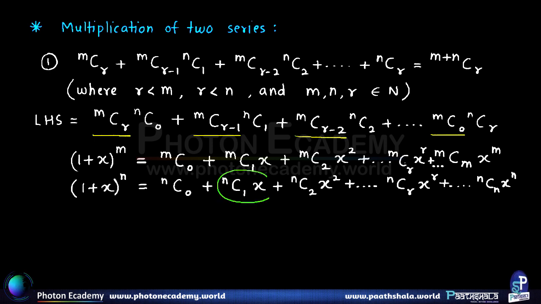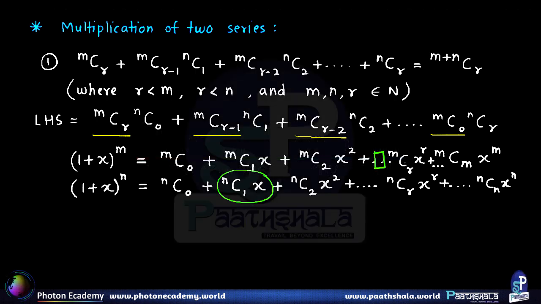So NC1 term is here and MCR minus 1 will be the term which will come just before the term which we saw. So it will definitely have x raised to r minus 1 as the term in that.